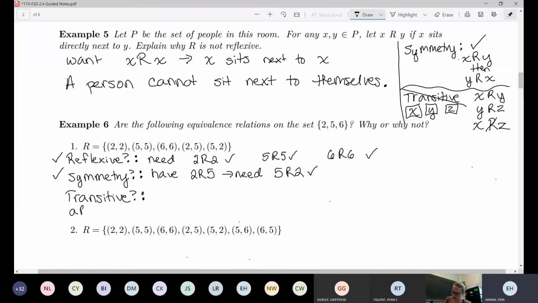Well, for here, we would need some A is related to B, and we'd need some B is related to C. We would need that setup in this relation to be able to look at whether or not it's transitive. This actually doesn't happen. Well, you could be sassy and say that we have 2 is related to 5 and 5 is related to 2, and then 2 needs to be related to 2, but that is taken care of already.